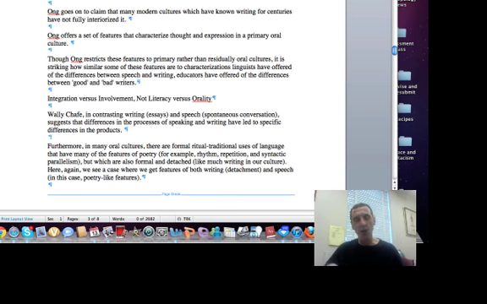But this issue of literacy being this pivotal variable that changes how people think and changes culture, how it's characterized as that, is seminal in the way that we talk about what we want for our children, what we want for our students.